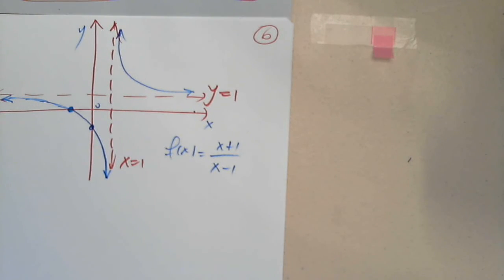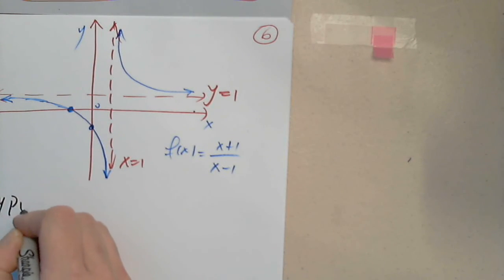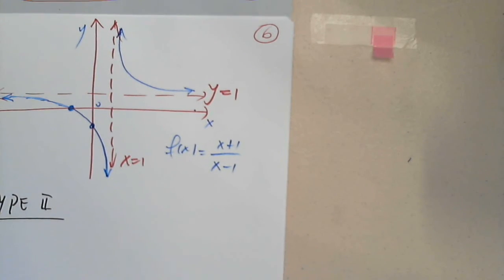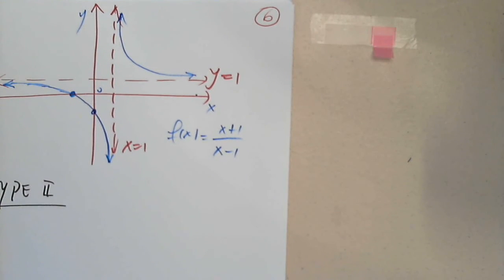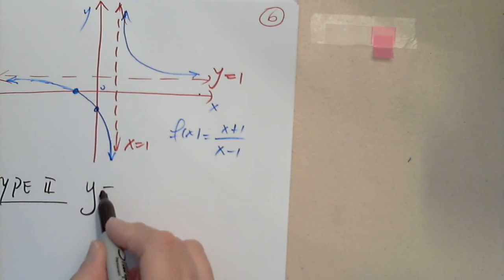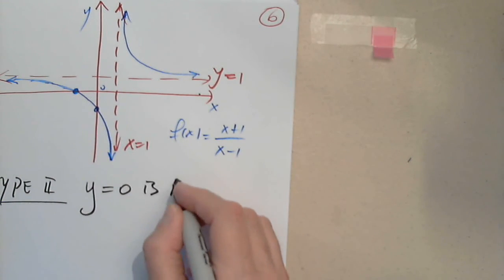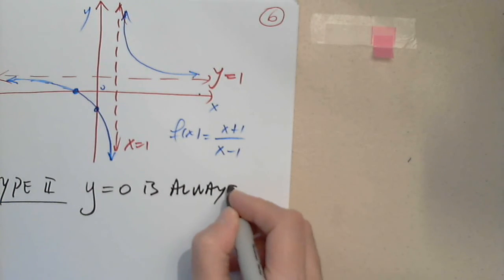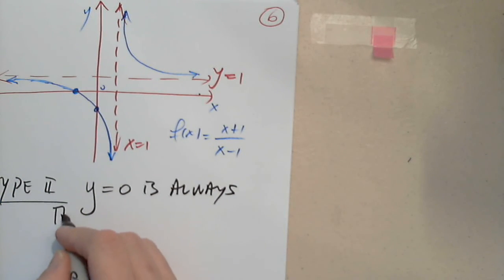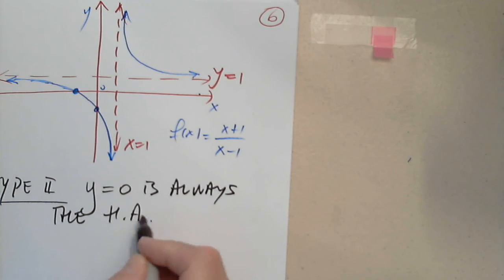Type 2 is even easier. How come? Let's write what happens for type 2. Everything identical, except y equals 0 is always the horizontal asymptote.